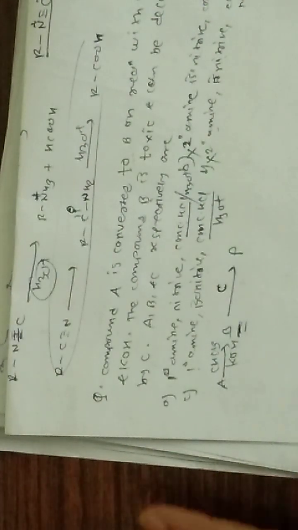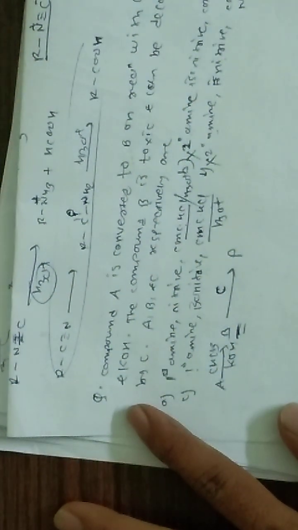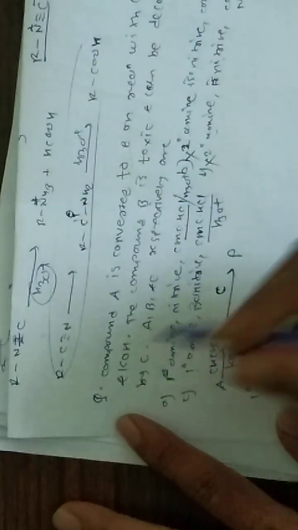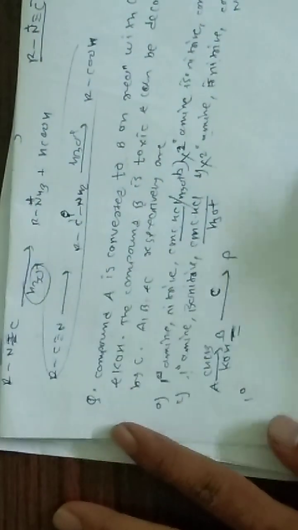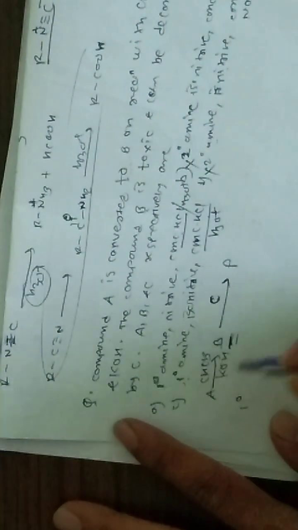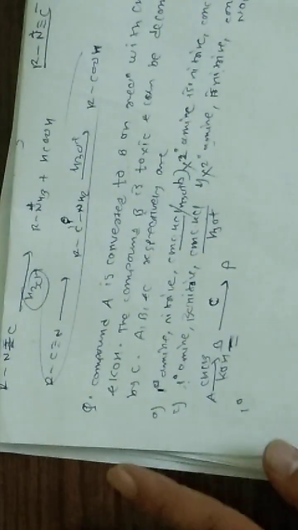What is the reactant of the carbylamine reaction? Primary amine. So in both options primary amine is there, so we can't differentiate A and C.